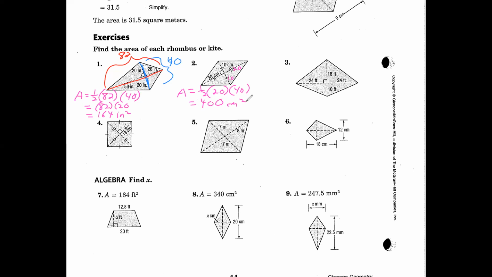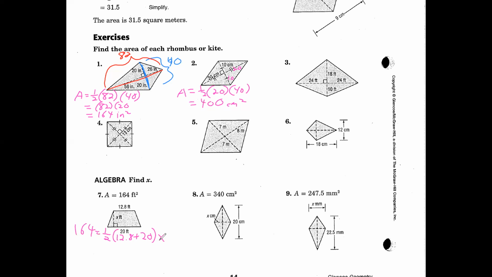There's a couple on here that require algebra, so you're going to plug into the equation and solve for the missing piece. On number 7, they give us the area is 164. The formula here again is 1/2 base 1 plus base 2 times height. X is our height. Those other two values were our two bases. We had the area.